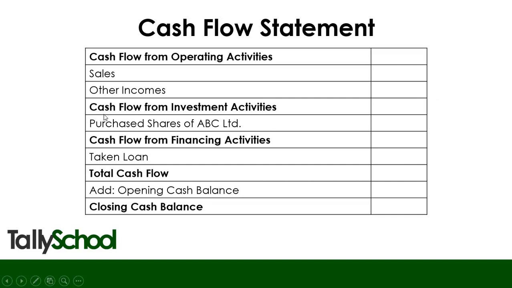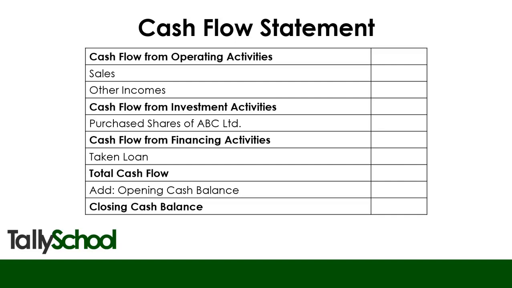Now the second cash flow is cash flow from investment activities. Now in any business there are certain investments done. So if you purchased some shares of ABC Limited, that means your cash went out of the business and shares came in because you purchased the shares and gave the cash in exchange.